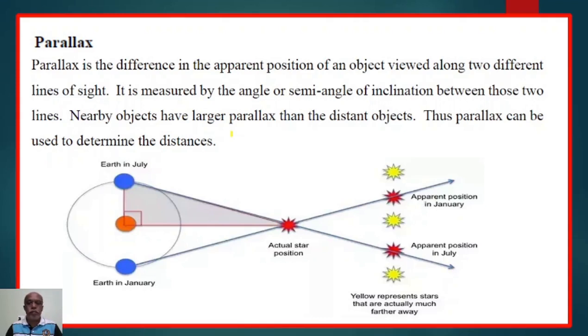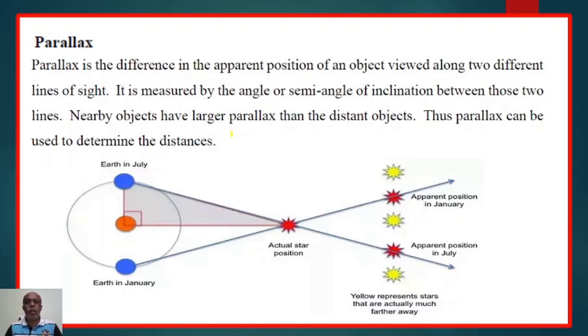As an example, if we observe an object with both eyes open, and then observe the same object with the left eye by closing the right eye, and vice versa, we can observe a shift in the position of the object.